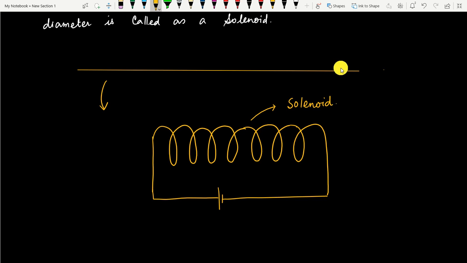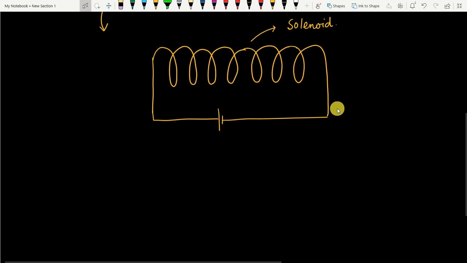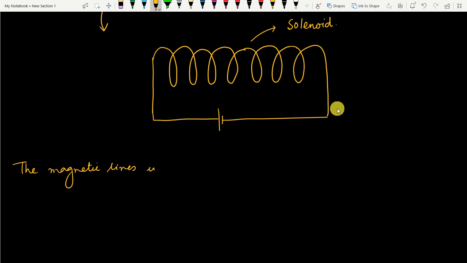So how to draw the magnetic lines in a solenoid? The magnetic lines in a solenoid look similar to that of a bar magnet.